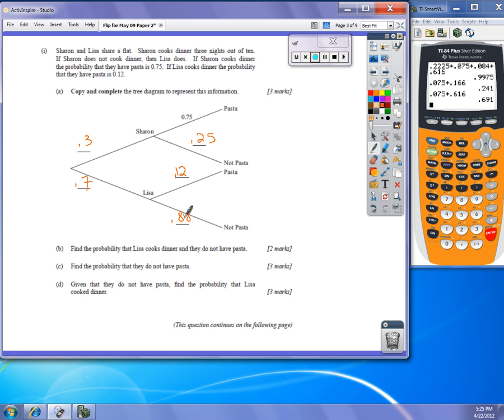What I would do right here is go through and calculate all of the probabilities.